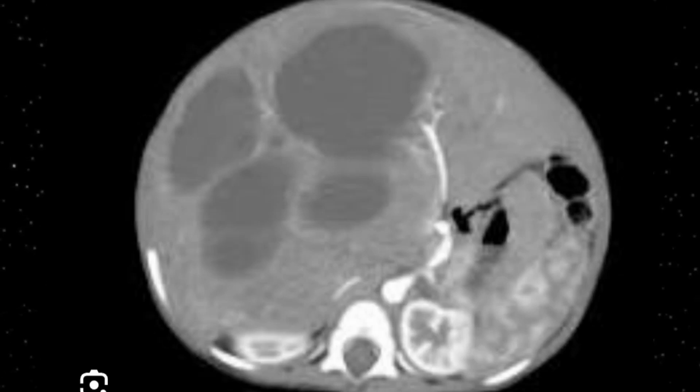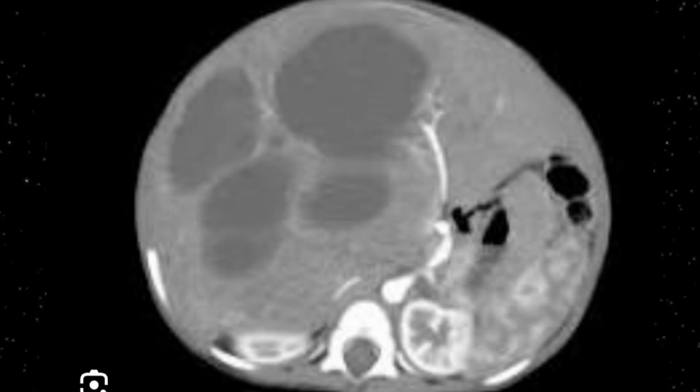Now come and look for the hematoma. It is a large mass occupying almost the entire right lobe. The left lobe is a bit visible, which you can appreciate because of the space occupying lesion. The liver is enlarged, so this is an enlarged liver having a large complex mass in the right lobe.